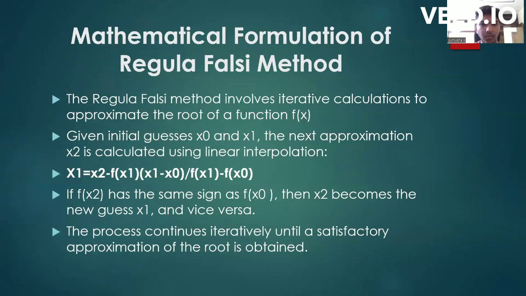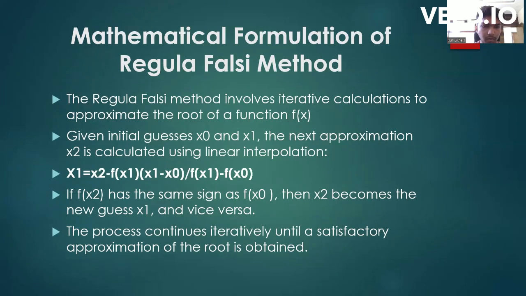Mathematical formulation of regula falsi method. The regula falsi method involves iterative calculations to approximate the root of a function f of x. Given initial guesses x0 and x1, the next approximation x2 is calculated using linear interpolation. x2 is equal to x1 minus f of x1 into x1 minus x0 divided by f of x1 minus f of x0.